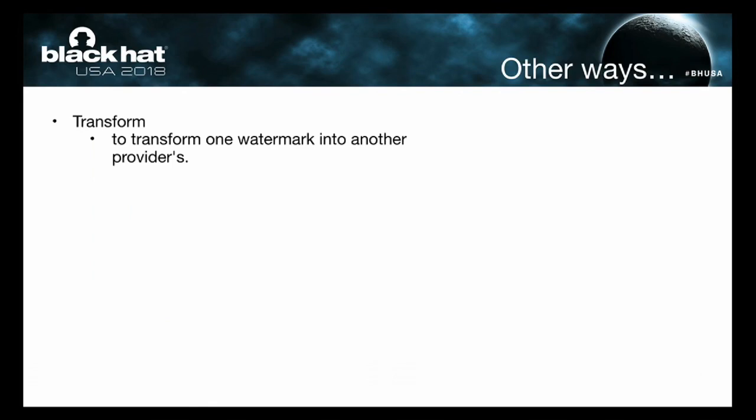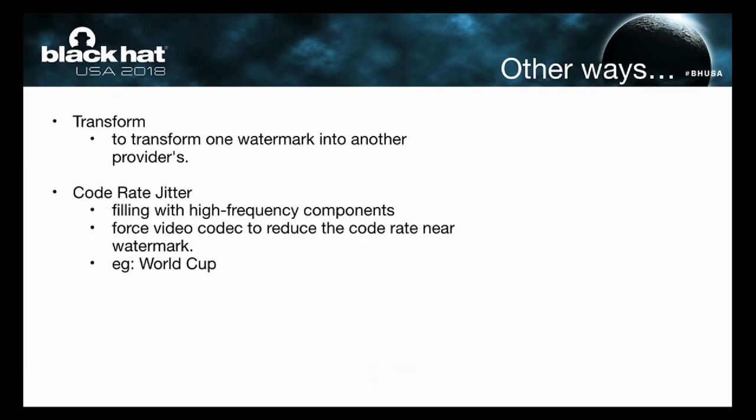And there are other ways to attack the watermarks, such as transforming one watermark into another provider's, or adding some code rate with high-frequency components under the watermark area, so the video codec will reduce the code rate near the watermark.